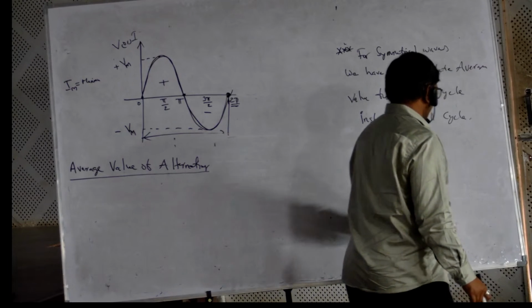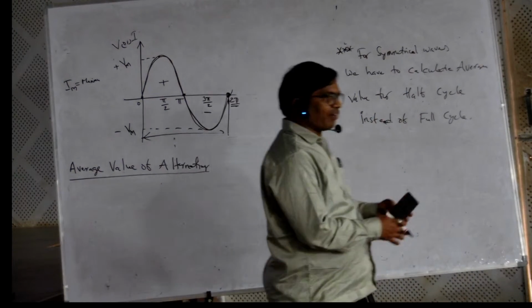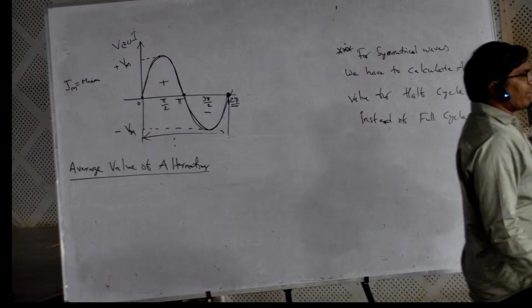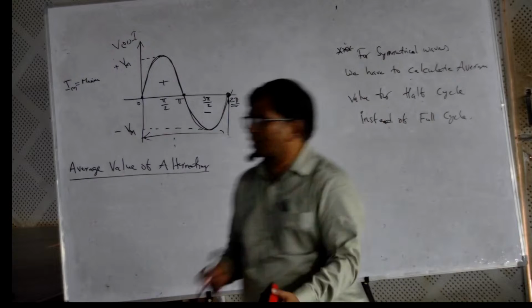Okay, so the average value of a sine wave will be 2 Vm by pi, or 2 Im by pi. Okay, we'll calculate this for now.